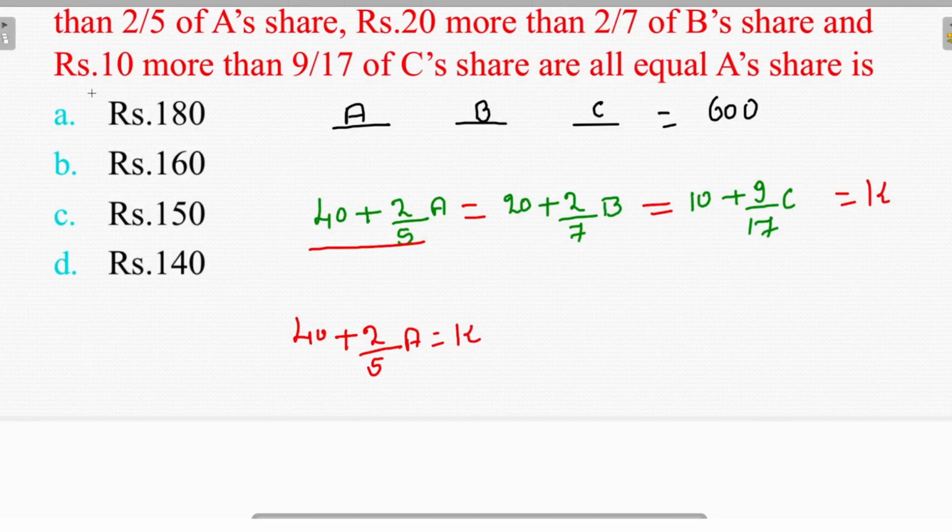Yes or no? Say now, I will repeat. Here I have one full statement, I will write it. A I want, because this number I want. Then what will you write in the equation? This 40 you will shift like this. K minus 40. A I want, then this number I will write it 5 by 2.